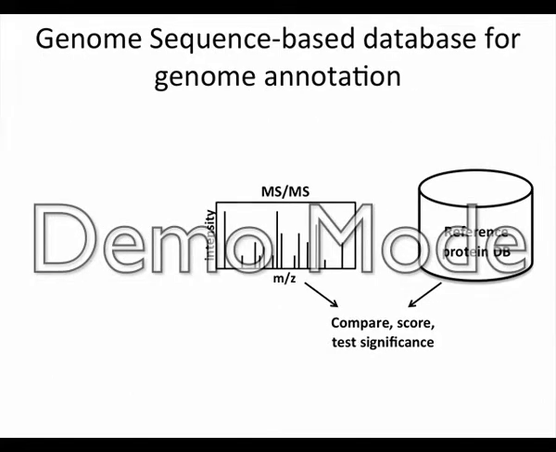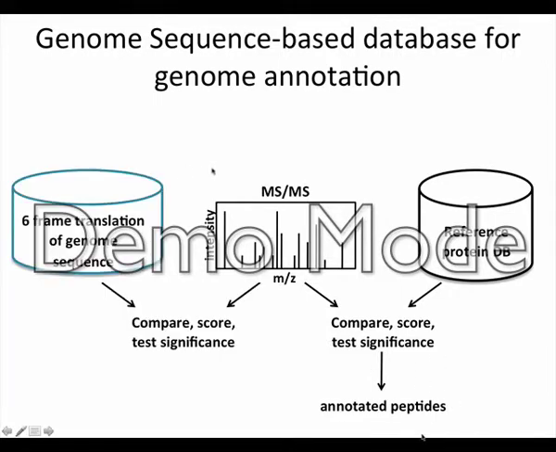Okay, so in a normal mass spec experiment, you have your spectra, and you use some sort of reference database, RefSeq or Ensembl or something, and through this you find your annotated peptides. With proteogenomics, very often we have a 6-frame translation database, which I'll go into detail.